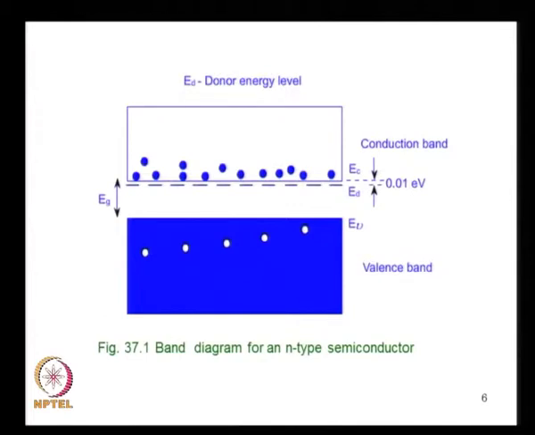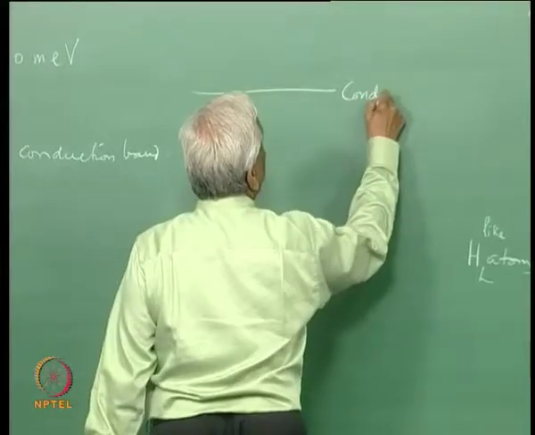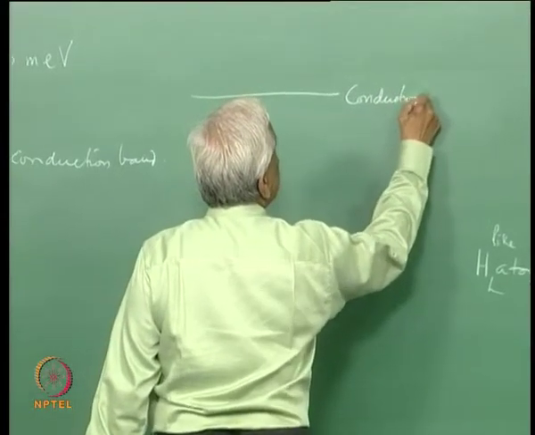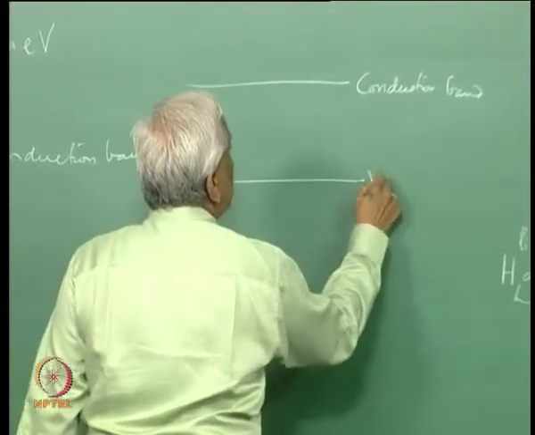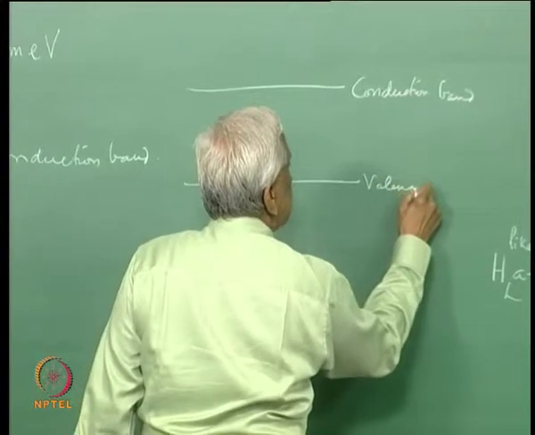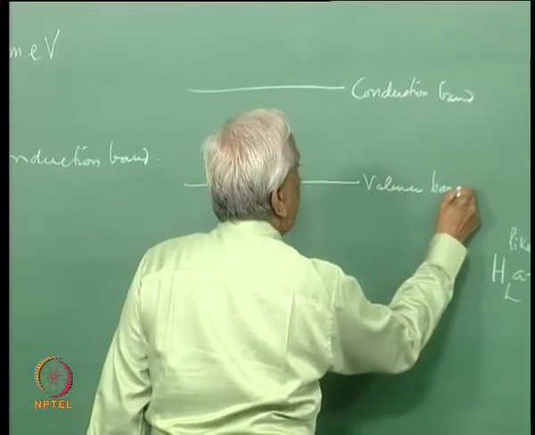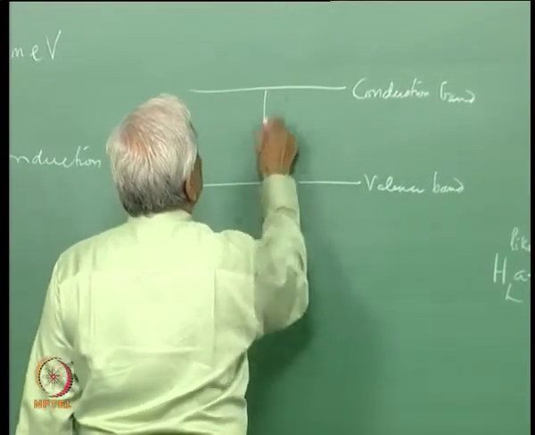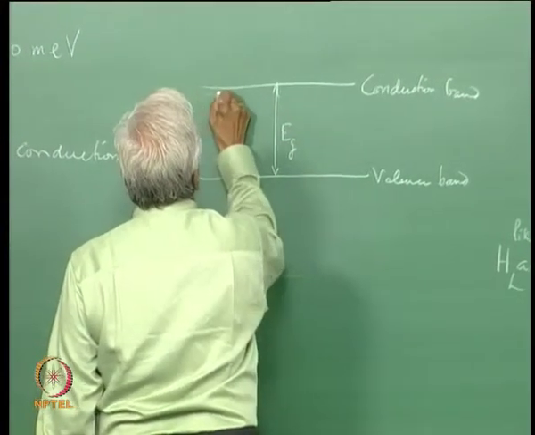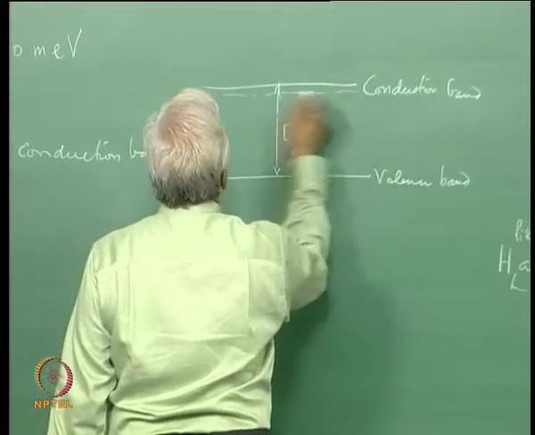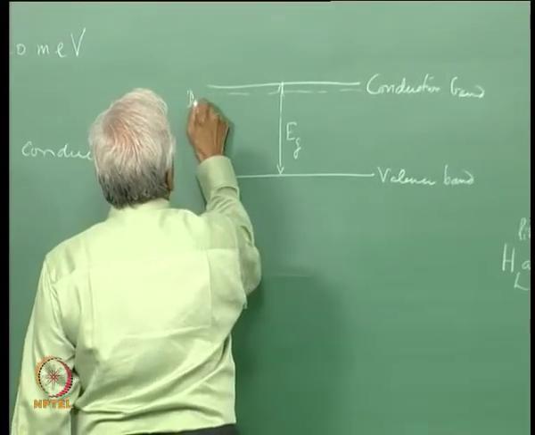See, you have the conduction band, the bottom of the conduction band, and the top of the valence band with an energy gap here, and the donor energy band lies very close.